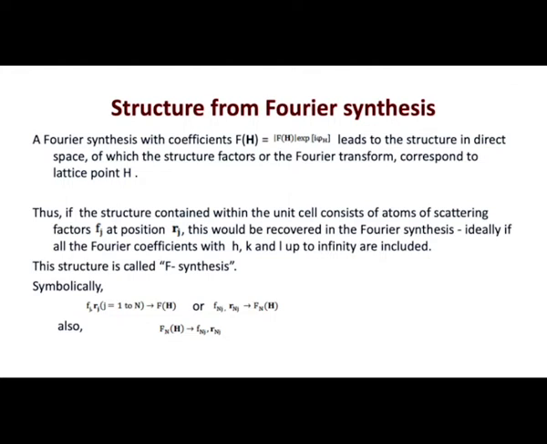Or little f nj, the n atoms, j running from 1 to n, at positions r nj, leads to F n of h, the total contribution to the diffraction from n atoms in the unit cell. So we can denote it as F1 of h leads to fnj, rnj. Thus, a synthesis with F1 of h as coefficient will yield a structure with atoms of strength fnj at rnj.